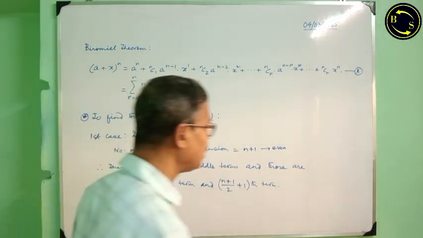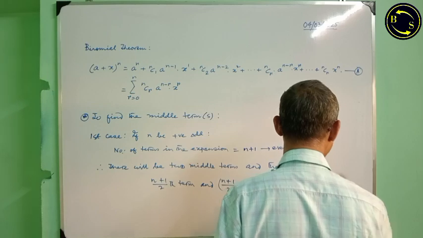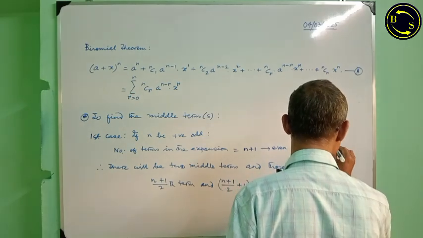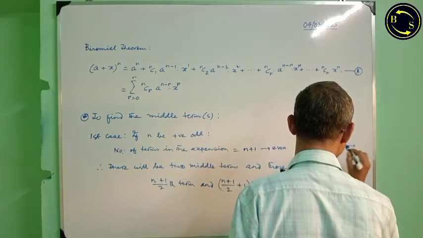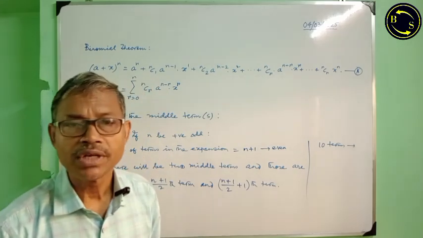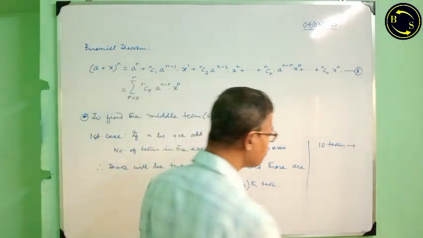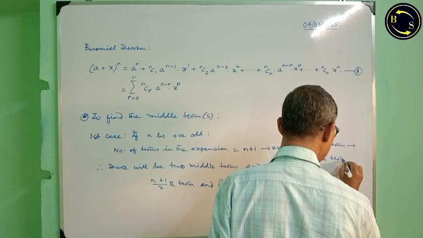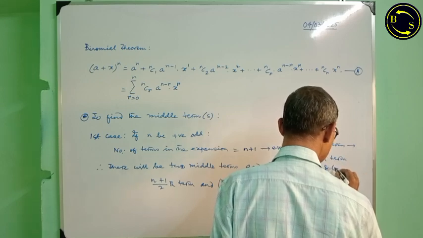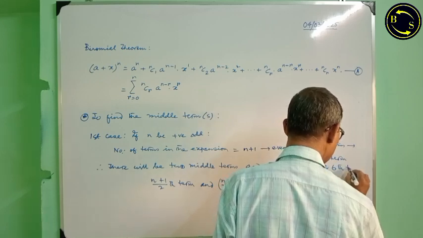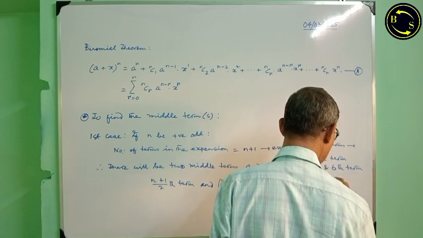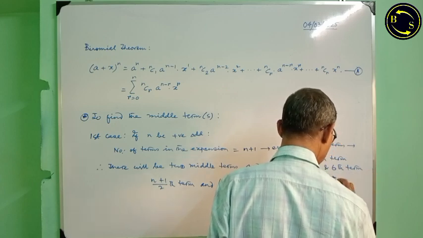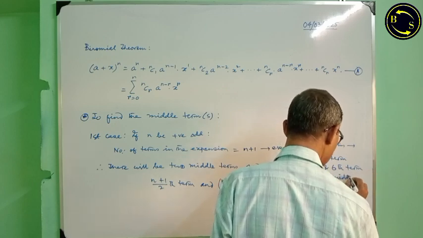Let me clarify. Let there be 10 terms totally. Then the middle terms will be fifth term and 6th term.